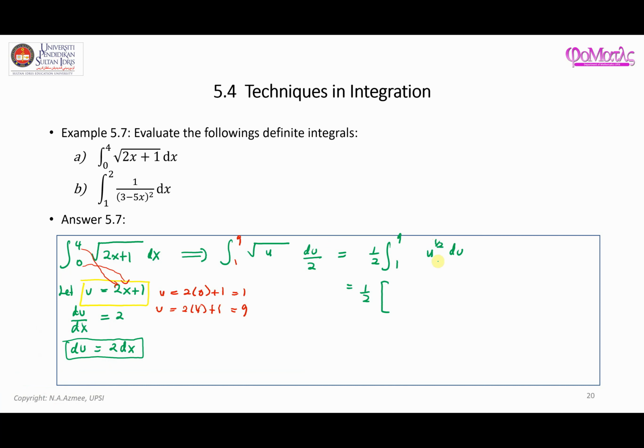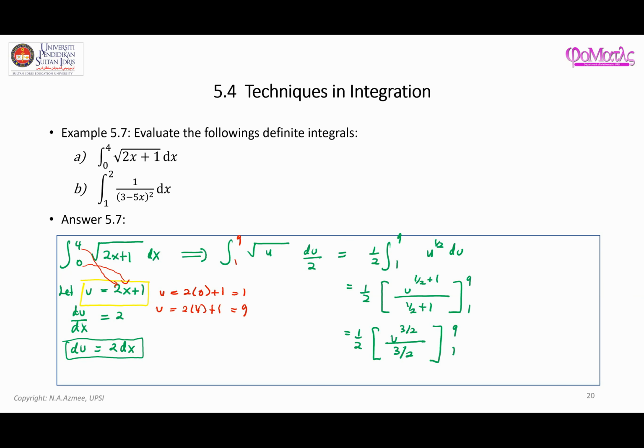If you integrate this, you will get u to the power of 1 over 2 plus 1, divided by 1 over 2 plus 1, evaluated at these points. So you have 1 over 2, u to the 3 over 2 over 3 over 2, evaluated at 9 and 1.